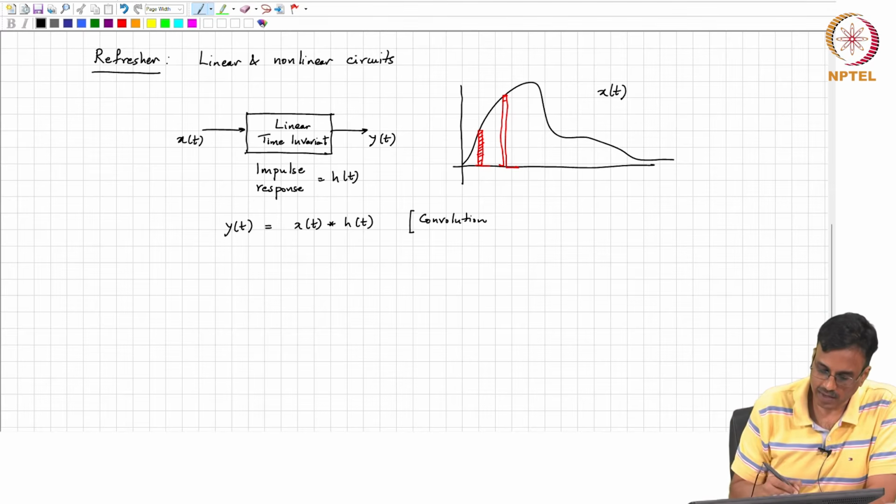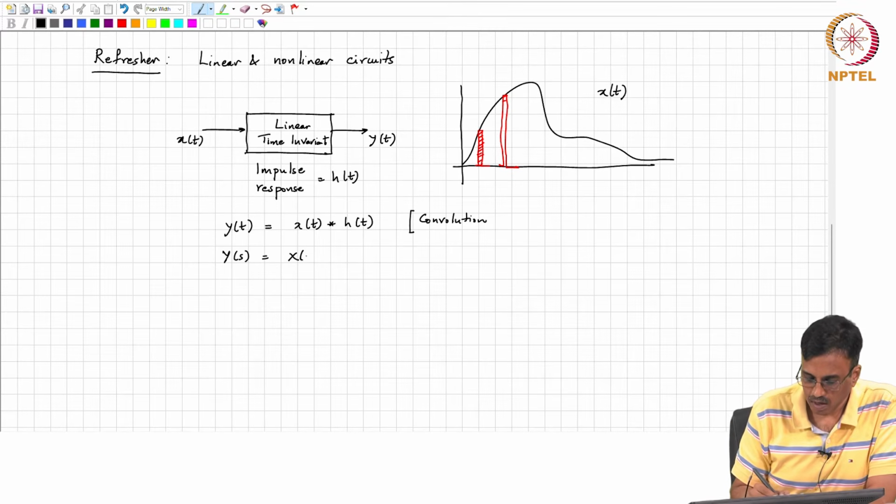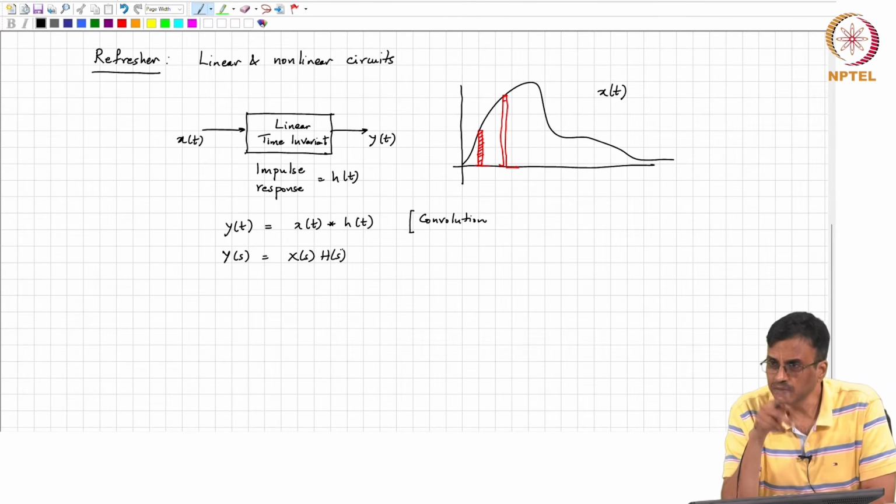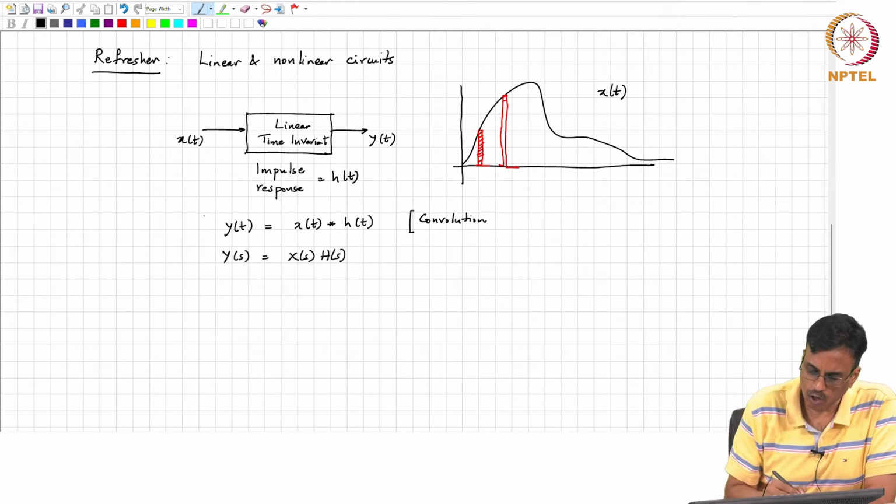The key point is that in the transform domain, Y(s) is simply X(s) times H(s). In other words, in the transform domain, convolution becomes multiplication. You cannot do this for a nonlinear system, since this is not valid.